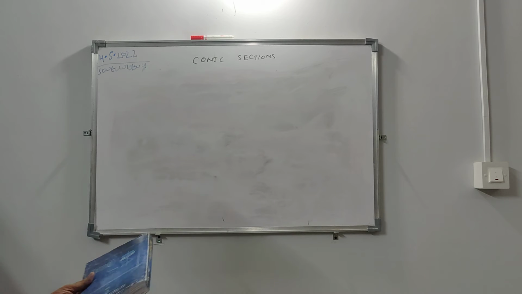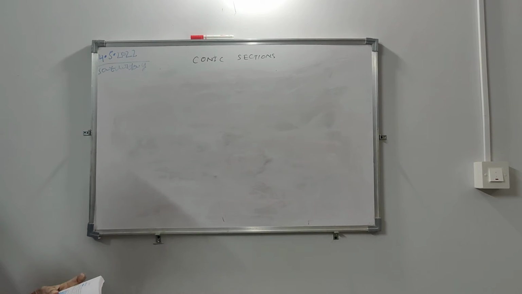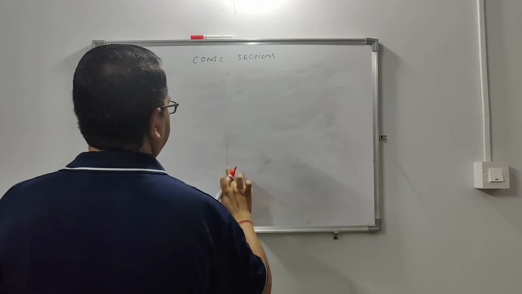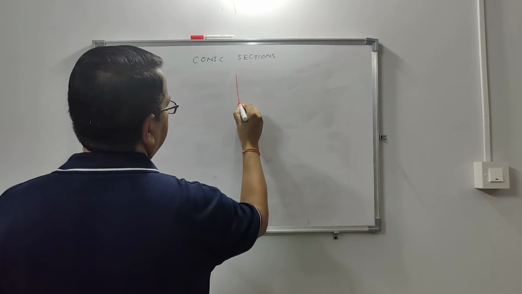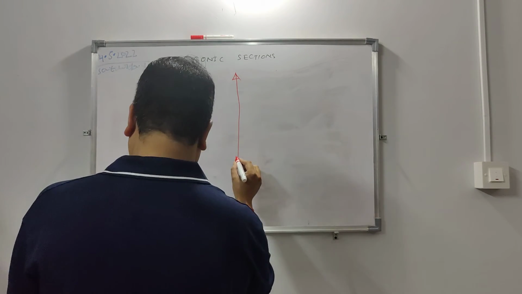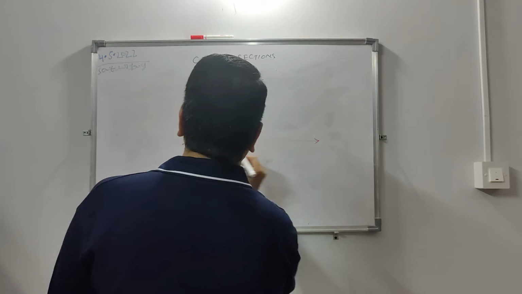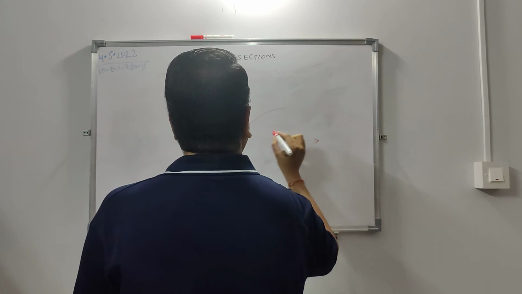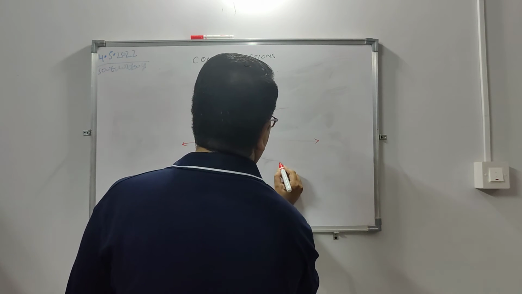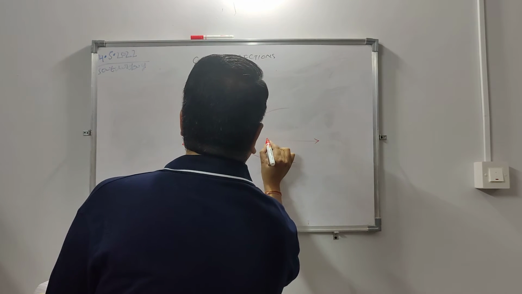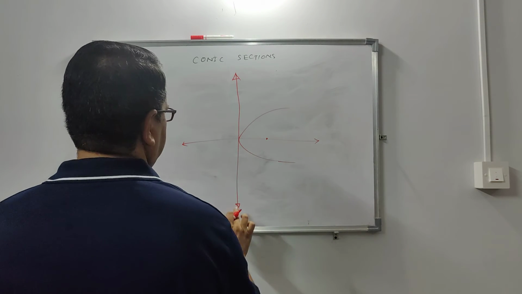Now we'll derive the generalized equation of the parabola. So this is my axis, and this is my other axis.